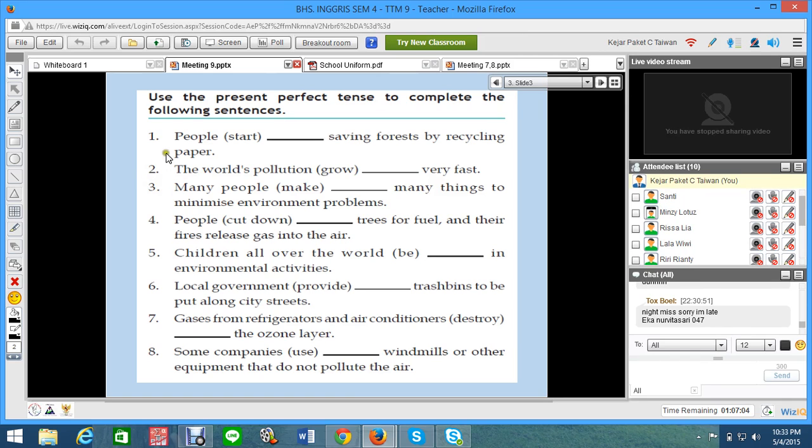Who wants to do number 1? Use the present perfect tense to complete the following sentences. Who wants to do number 1? You should make this into present perfect tense.